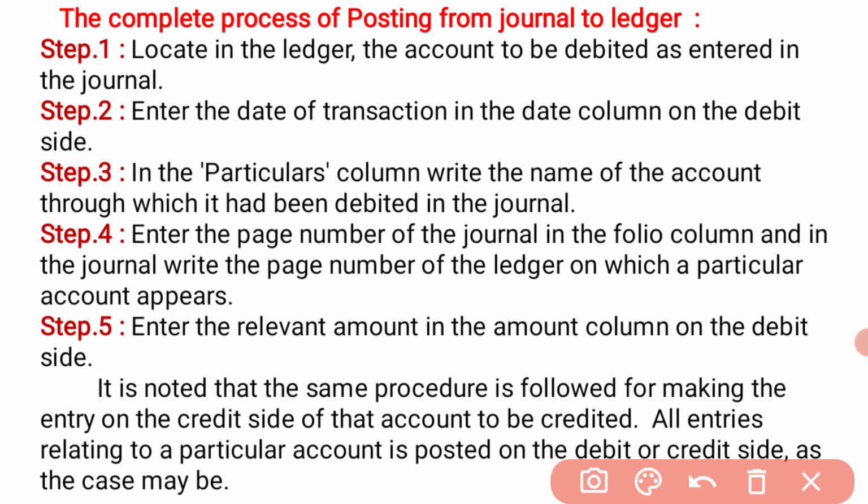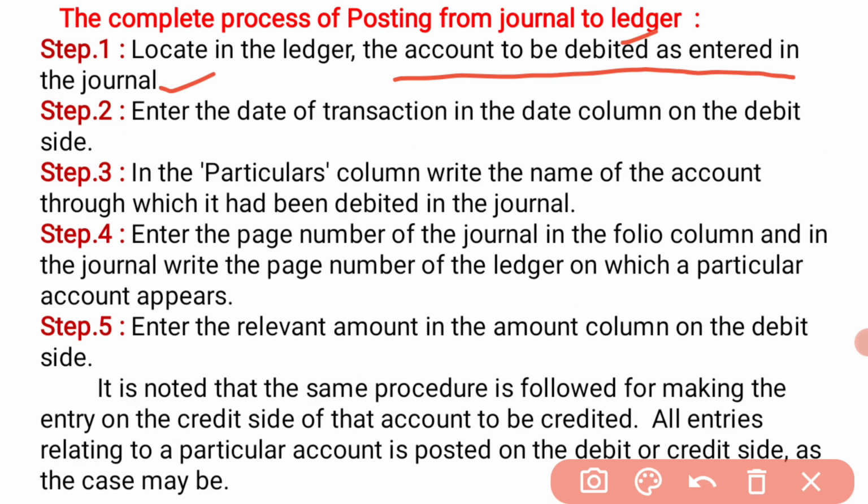First step: first you have to locate in the ledger the account to be debited as entered in the journal. So first, you have to identify the transactions in the journal entry, then locate the ledger account, whether it is debited or credited.